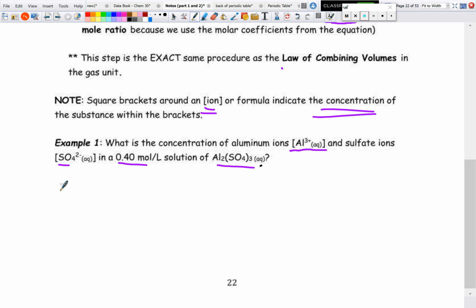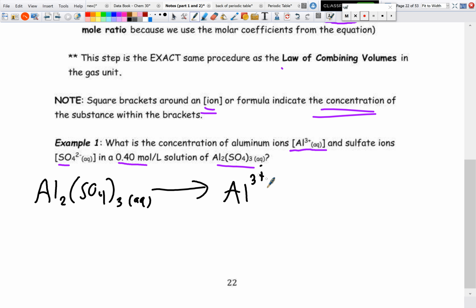We know it's aqueous, so we can write Al2(SO4)3, and of course we got this from the drop and swap. It's going to dissociate into aluminum ions, which is Al3+.